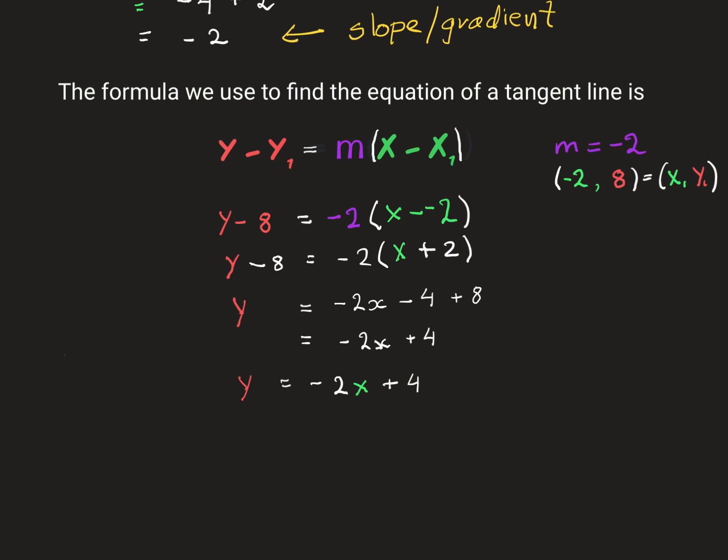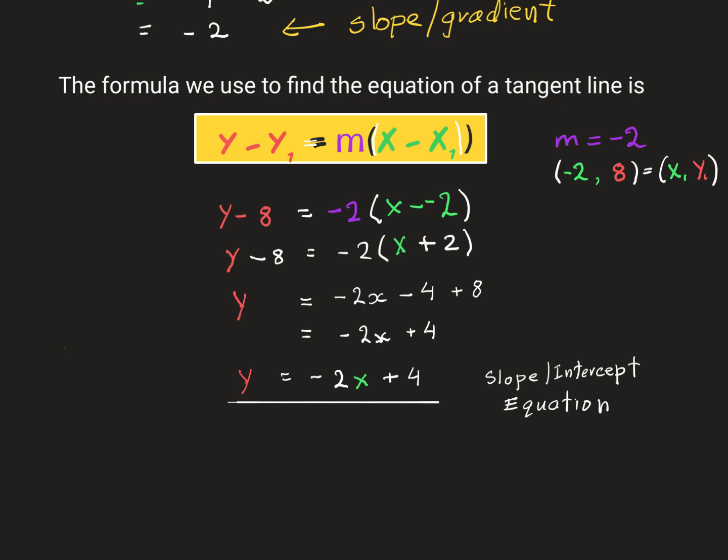And this equation is useful because it'll tell us straight away that -2 is the slope or the gradient, and that 4 is the y-intercept. This is why we call it the slope-intercept form. And I like to use this particular equation over here, highlighted in yellow, because I find that this is the best one to use to find the slope and the intercept using a point and a gradient.